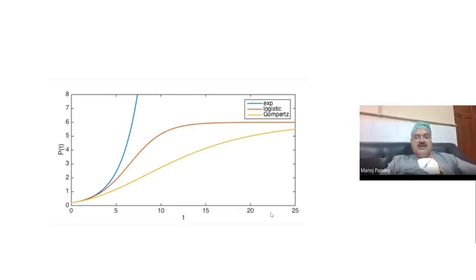The peripheral part of the tumor will get the nutrition, the central part of the tumor will not get the nutrition, and the central part starts getting necrosed. So the number of cells in the center will keep on decreasing, the numbers at the periphery will keep on increasing, and the difference between cell death and new cells produced keeps reducing your growth rate.